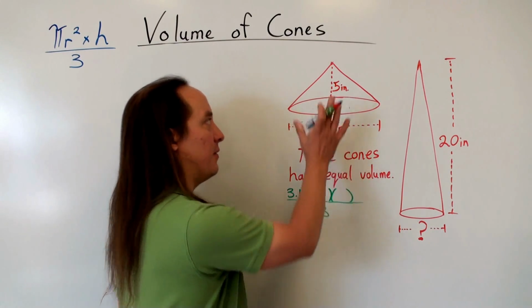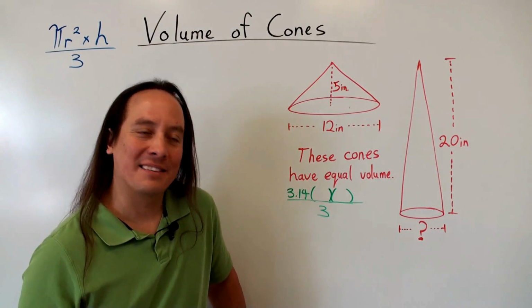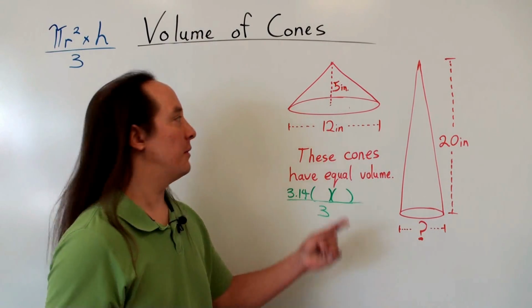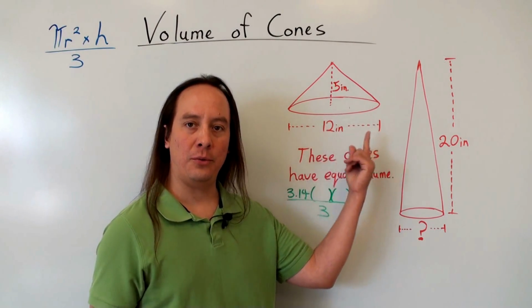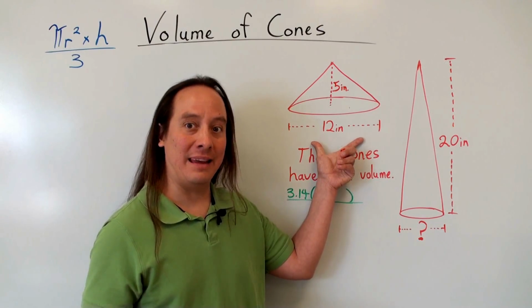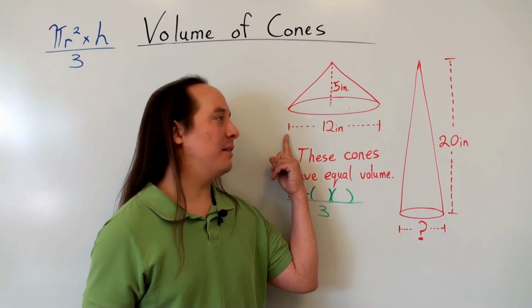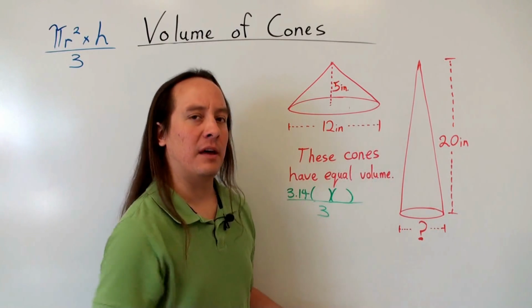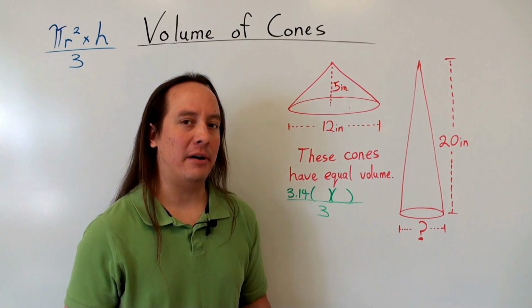So what is the radius of this cone? We're talking about the bottom circle here. And again, they didn't give us radius, they gave us diameter. One side of the circle all the way across to the other, passing through the center. That's diameter.